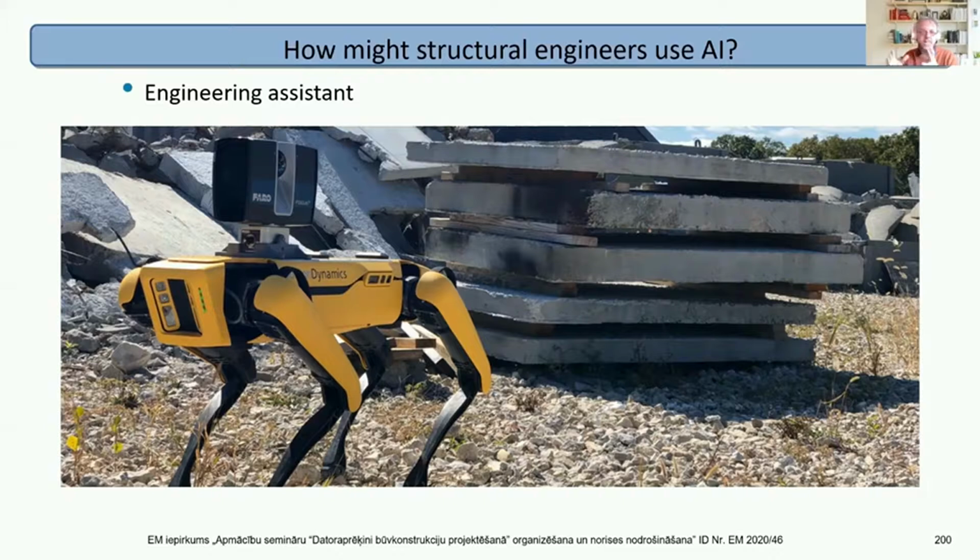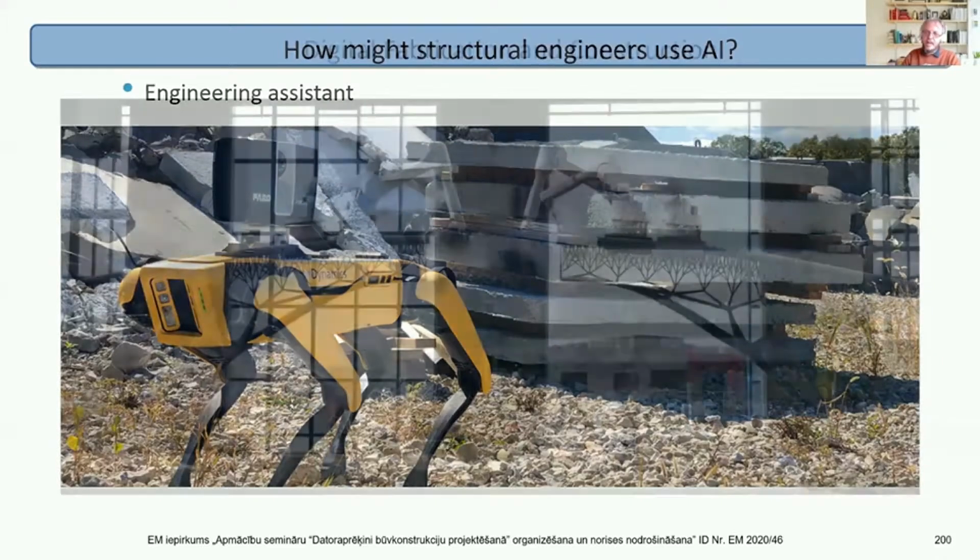Those point clouds can then be generated into surfaces, which is probably an AI application itself, and recognize what's in there, and then work out quantities and so on. Now, these site assistants will become more and more common on site, but I would not want to send one to a client meeting. Nowhere near ready for that yet.